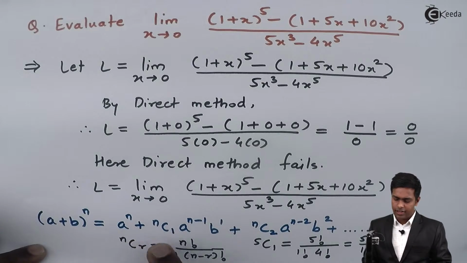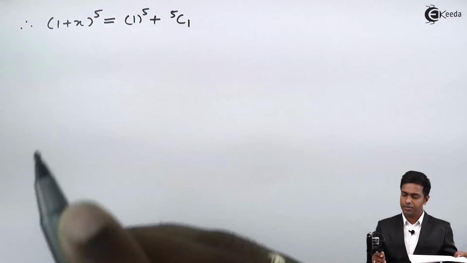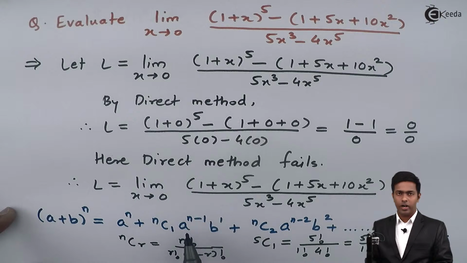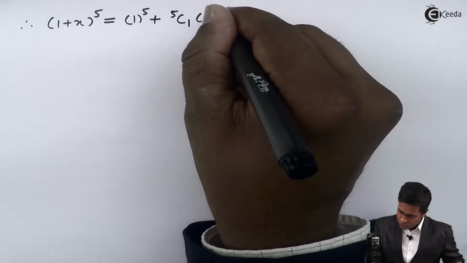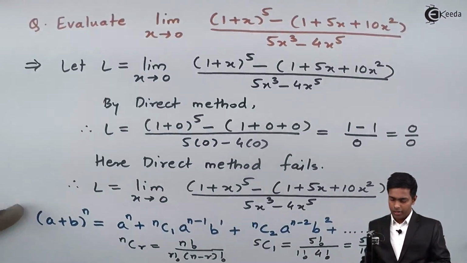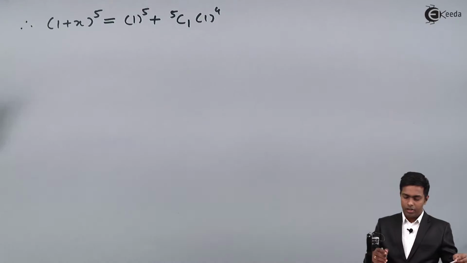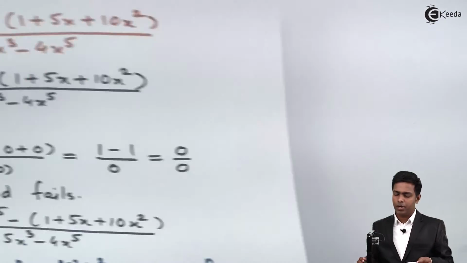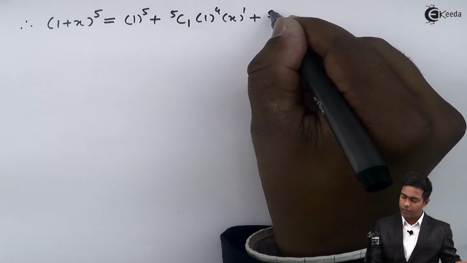Next we have nC1, so n is 5, so we will get 5C1. Then a raised to n minus 1, a is 1, so 5 minus 1 is 4, so 1 raised to 4. Next b raised to 1, here b is x, so x raised to 1, plus nC2, so n is 5, so we will get 5C2.